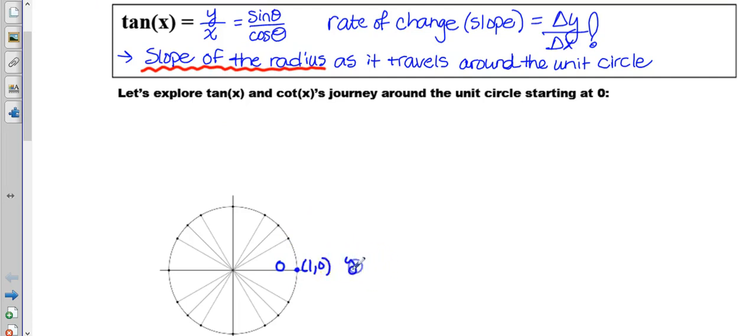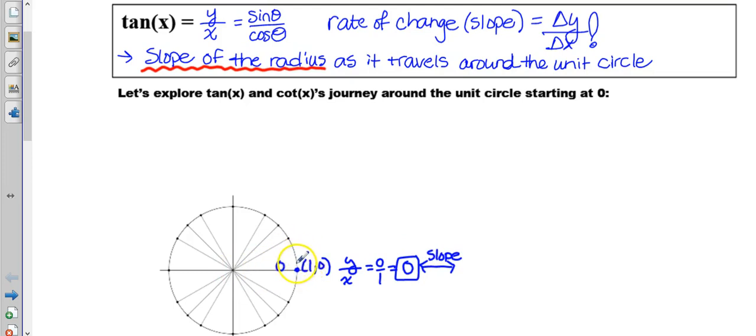And when you calculated y divided by x, that was 0 divided by 1, which equals 0. And if I actually literally look at the radius here, that is truly a slope of 0. It's like you're walking on flat ground.